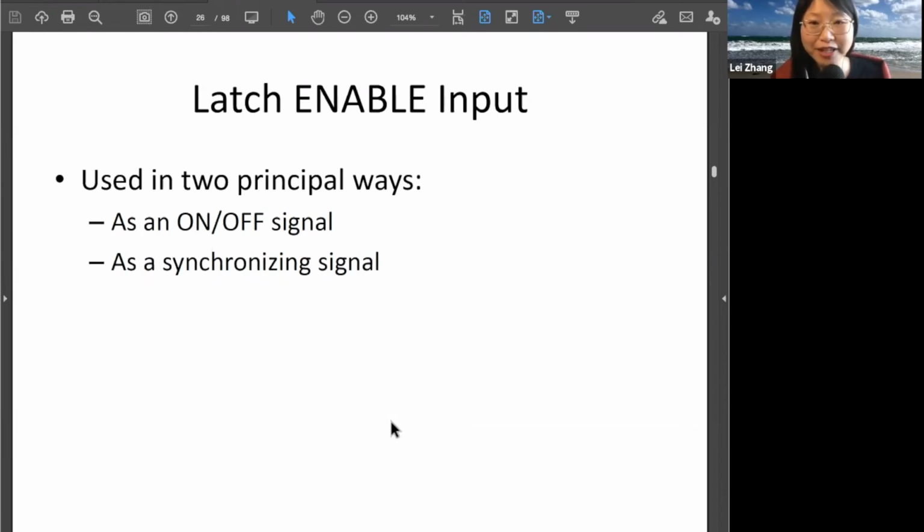I believe everybody here will be in 387 either next year or the year after next. So we will learn more details about the memory devices and memory control. But how do we build memory? We build memory using latches and flip-flops. So this is the basic memory element we are learning right now.